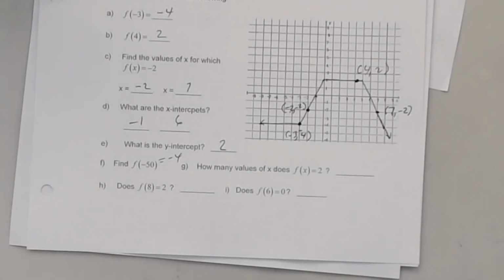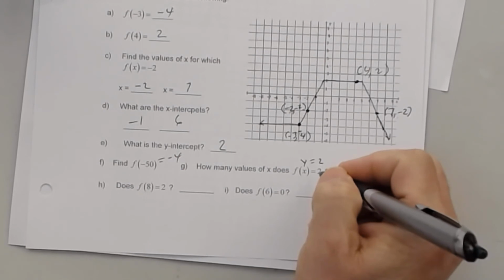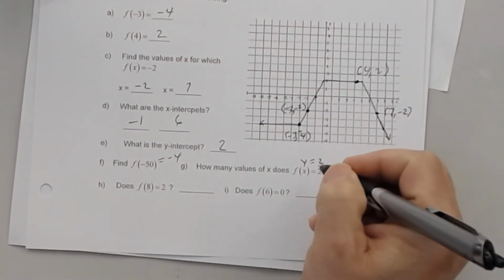For how many values of x does f of x equal 2? Listen carefully to this. You're told that y is 2.